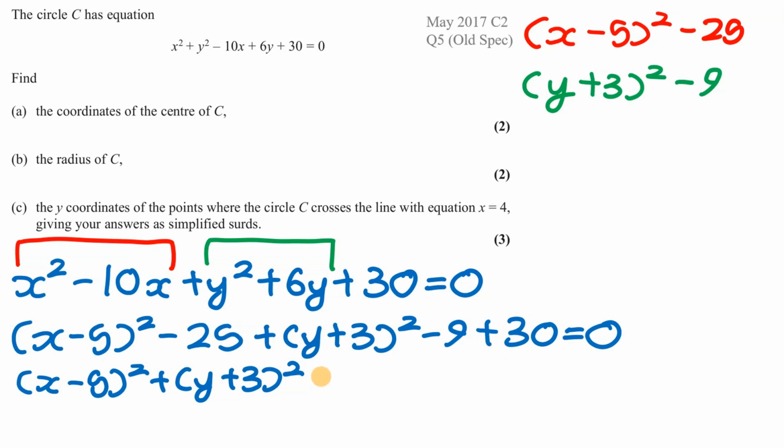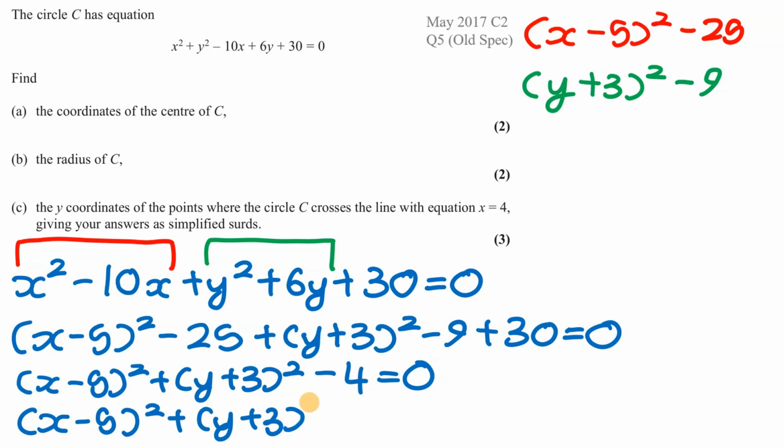This is equal to minus 4, and this is equal to 0, so we move this minus 4 to the other side to get x minus 5 squared plus y plus 3 squared is equal to 4. So this is the equation of the circle.